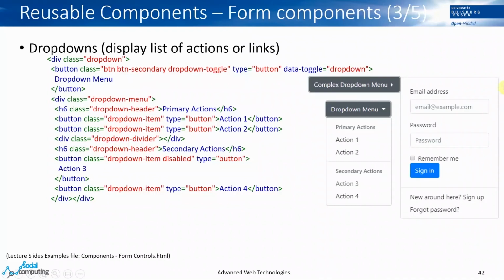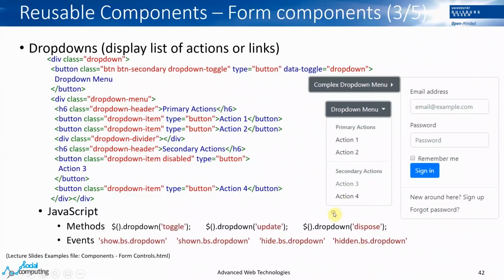For example, this is a complex dropdown menu which contains the whole sign in, login menu. So yeah, that option is available to you to add different complex HTML things. So there are different HTML or JavaScript methods available, for example, toggle, update, and dispose.